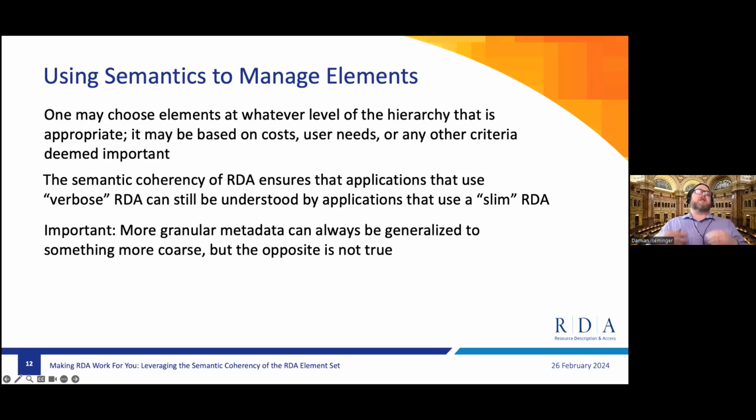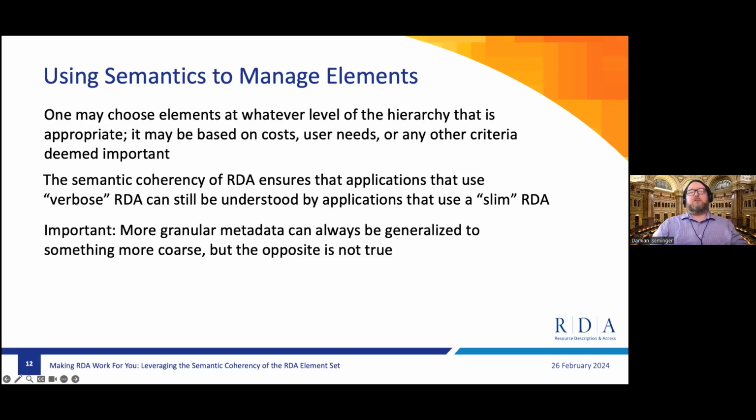So if you start at a very general place in the hierarchy, you aren't going to be able to get more specific. But the important point is that one application using a really robust RDA still can talk with some knowledge with one that uses a more slim version of RDA.